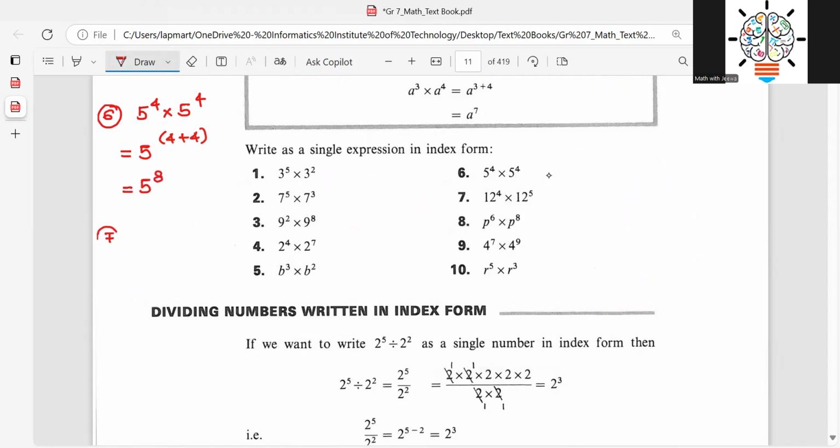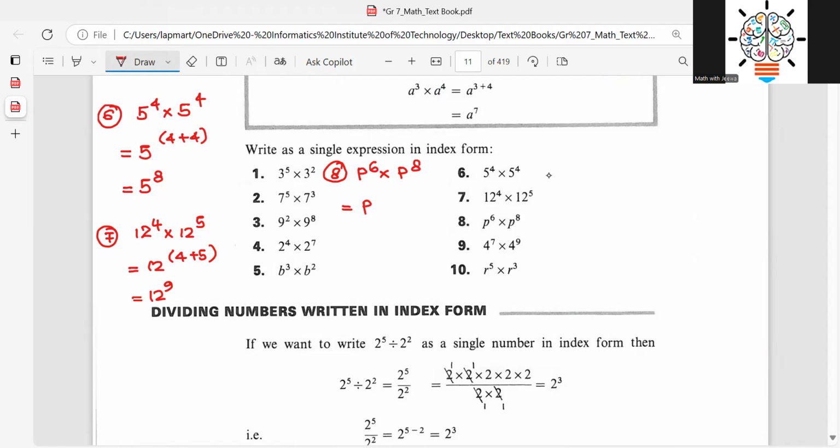Then question number 7, 12 to the power of 4 and 12 to the power of 5. So 12 to the power of 4 plus 5, which is 12 to the power of 9. Then question number 8, p to the power of 6 and p to the power of 8.